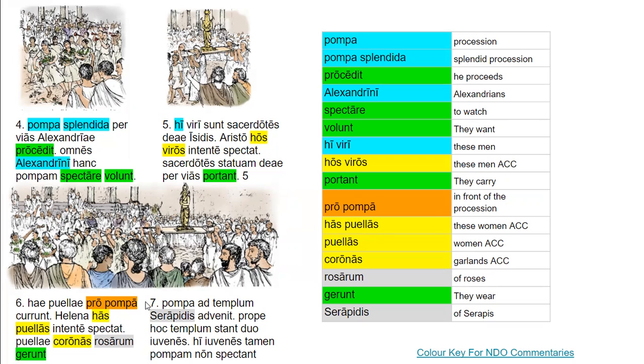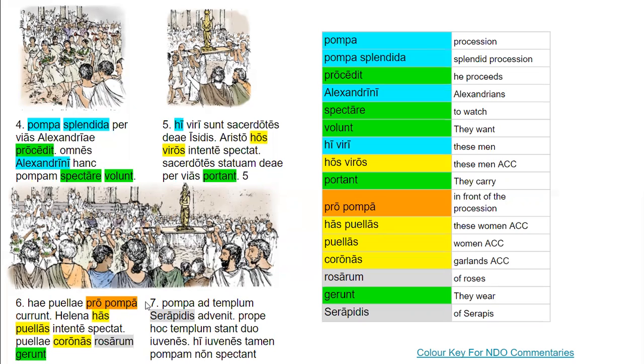So Serapis is perhaps syncretized with certain Mesopotamian deities like Haman or Baal. Anyway, so we can say that that's why he is being associated with Isis here, because of that Osiris connection.